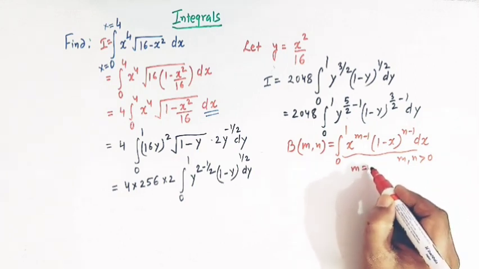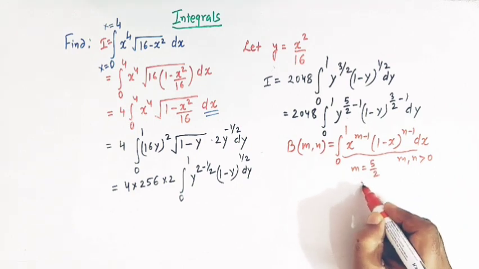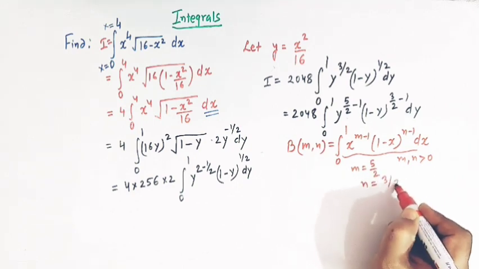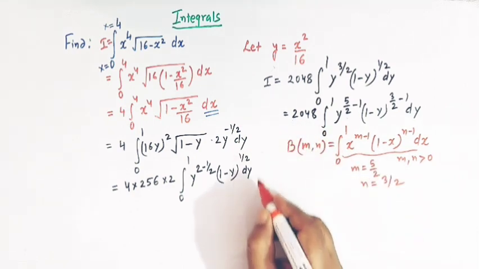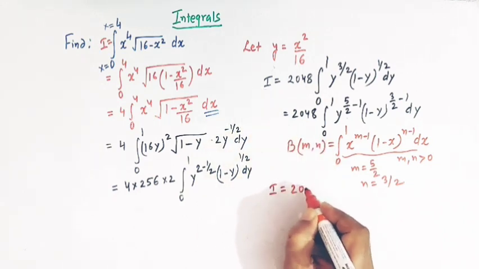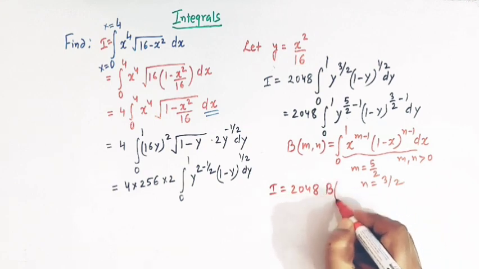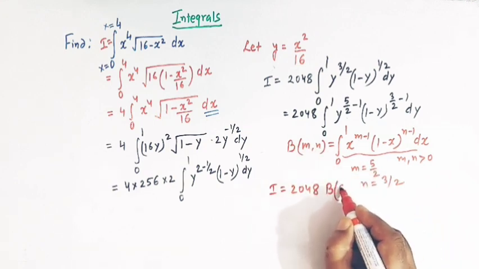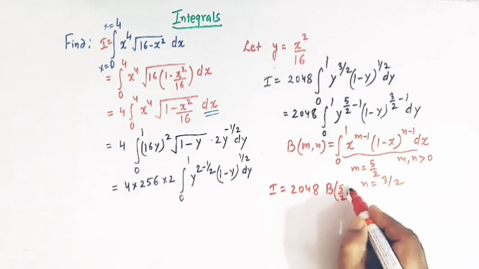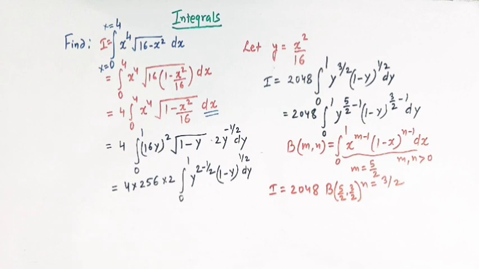So comparing, we have m is equal to 5 by 2, and n is equal to 3 by 2, right? So now this integral I can be written as 2048, and here we have beta mn. M is 5 by 2 and n is 3 by 2, right?